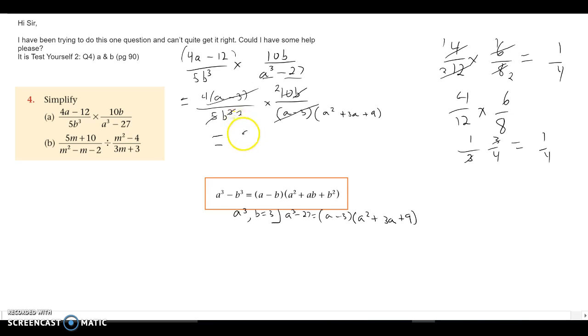Now I end up with 8 on the top. Everything else canceled out. On the bottom, all that we have left is b squared bracket a squared plus 3a plus 9. That would be the final factorization of that.